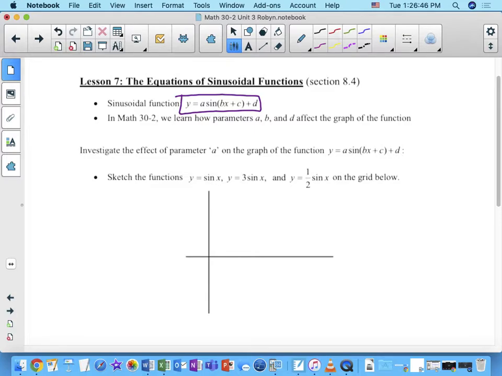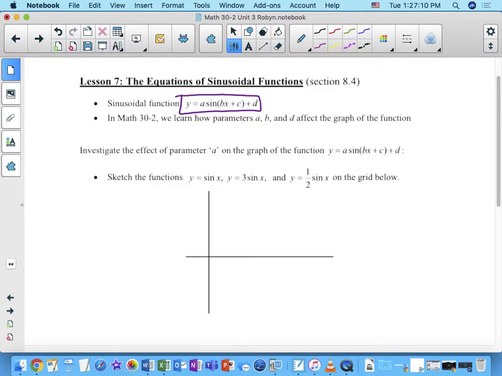They're going to maybe stretch it sideways or stretch it vertically, like, you know, stretch the accordion up or stretch it out or stretch it inwards, that sort of thing. And we're going to figure out what each of these letters and the position of each letter in the function does to the graph of the function.